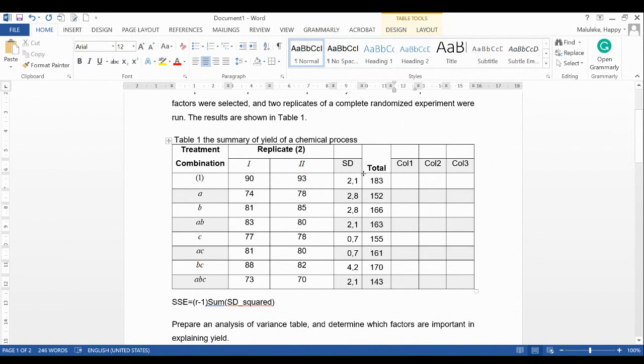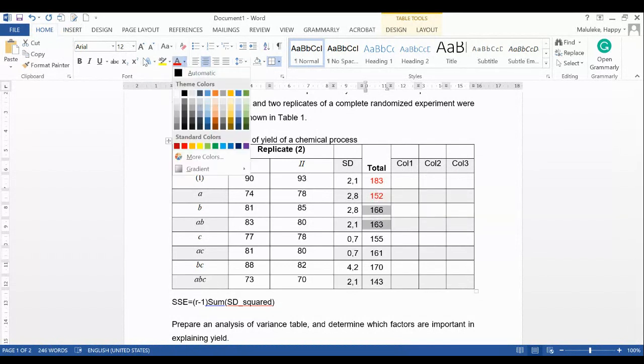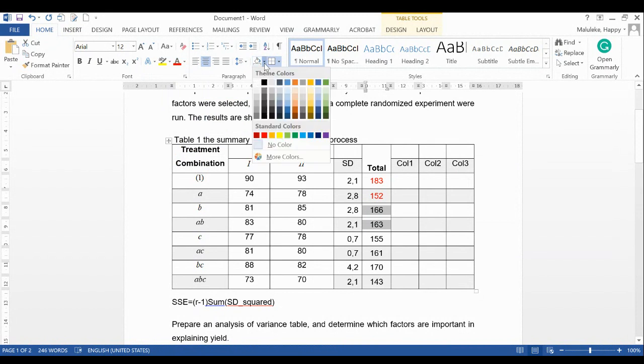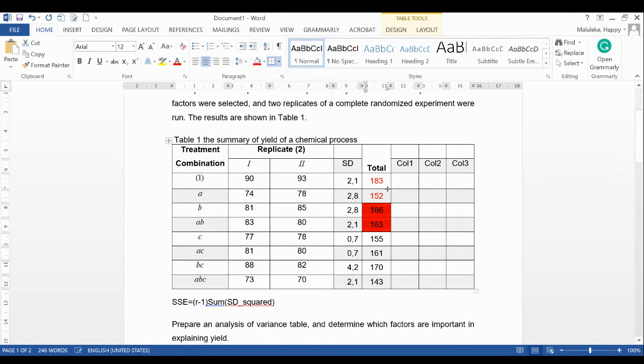You divide this into pairs. So you'll have this pair, and this one again will be a pair. You'll have that pair.